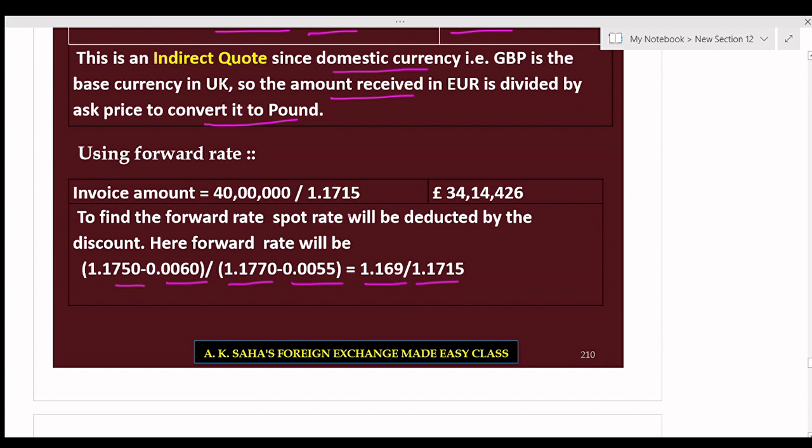So the invoice amount at the forward rate will be 40 lakhs divided by 1.1715, that is equal to 34 lakh 14,426. To find the forward rate, the spot rate will be deducted by the discount. Here the forward rate is given.